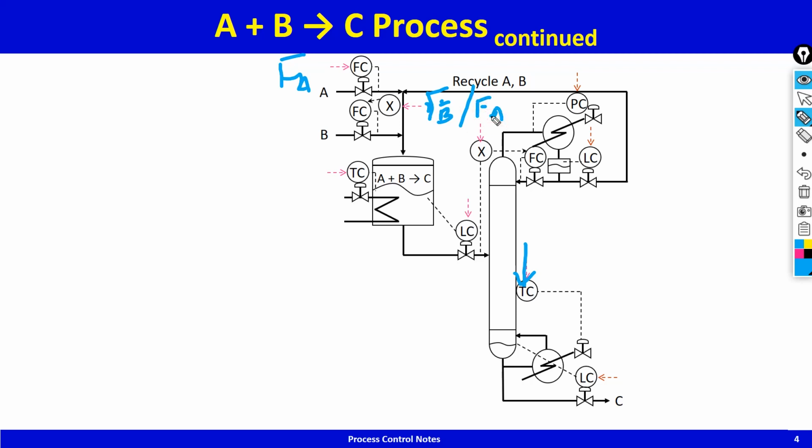So in addition to the other specifications, now I have implemented additional loops, and the additional loops are a temperature controller on the column which is manipulating the steam duty.